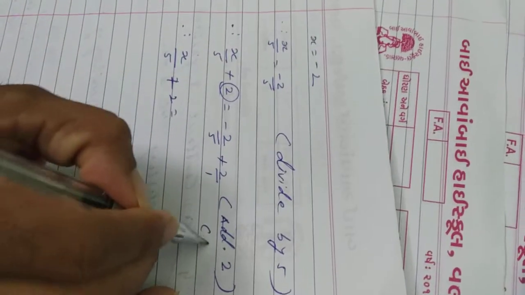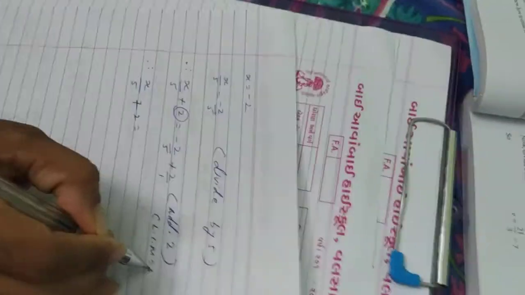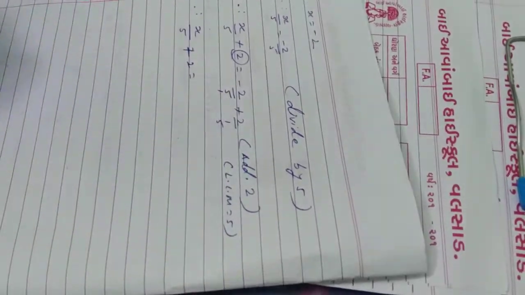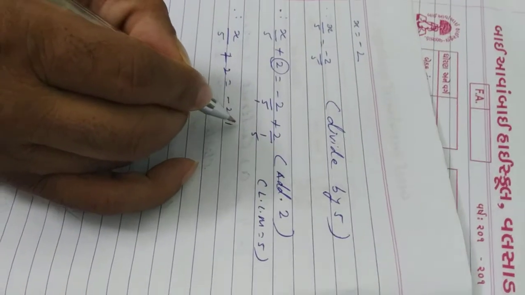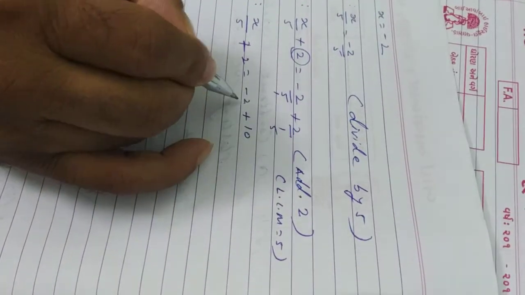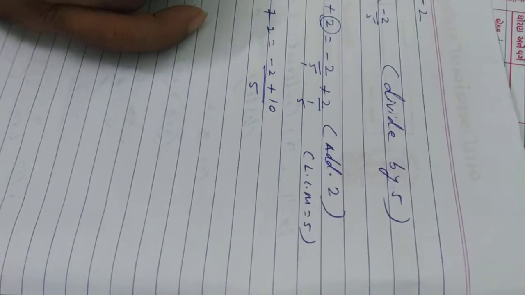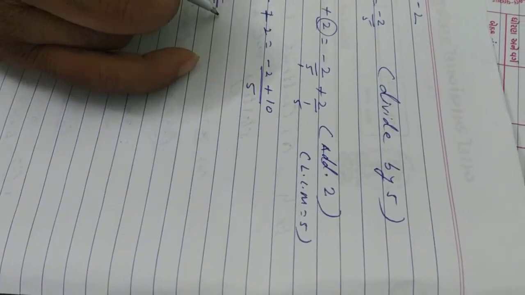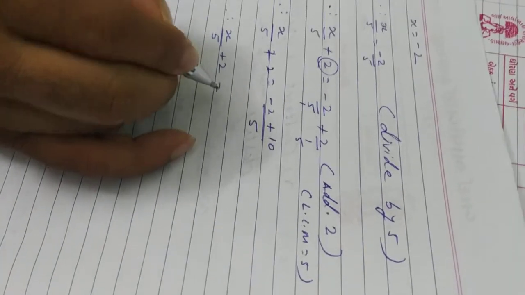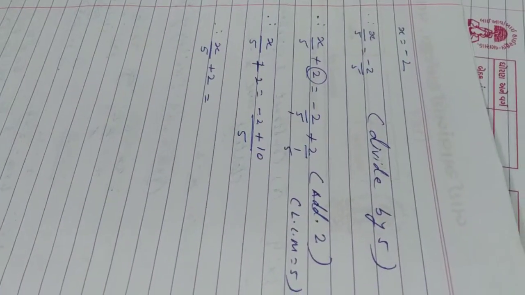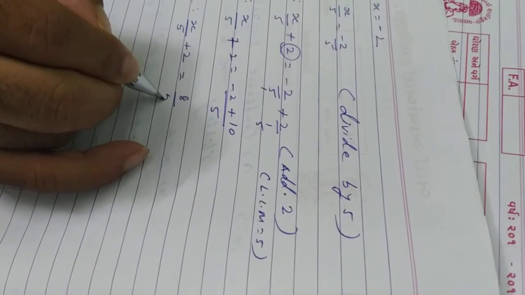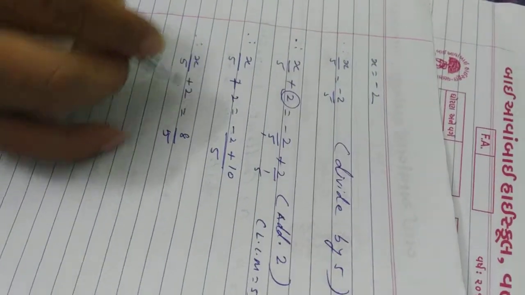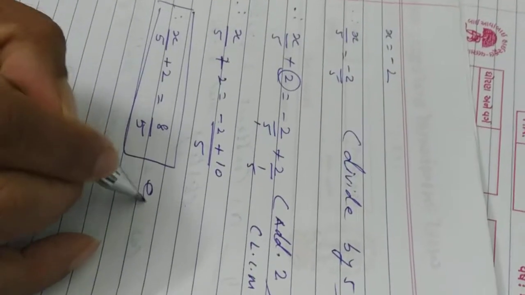What is the LCM? 5, right? LCM is equal to 5. So minus 2 plus 5 times 2, 10 upon 5, right? Therefore x upon 5 plus 2 is equal to minus 2 plus 10, 8, right, upon 5. So we can say it is another one equation.